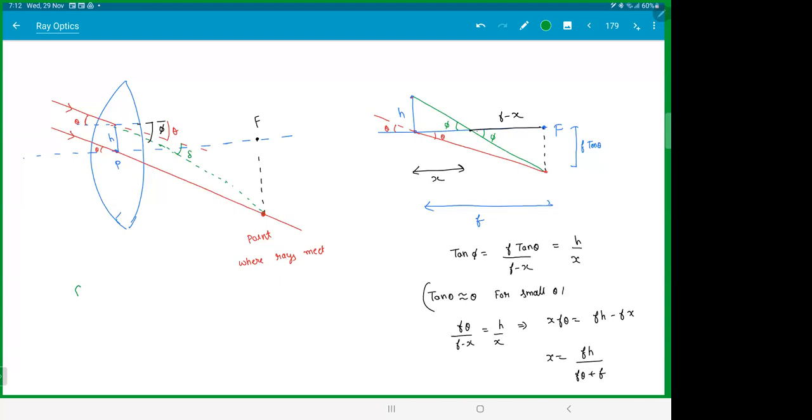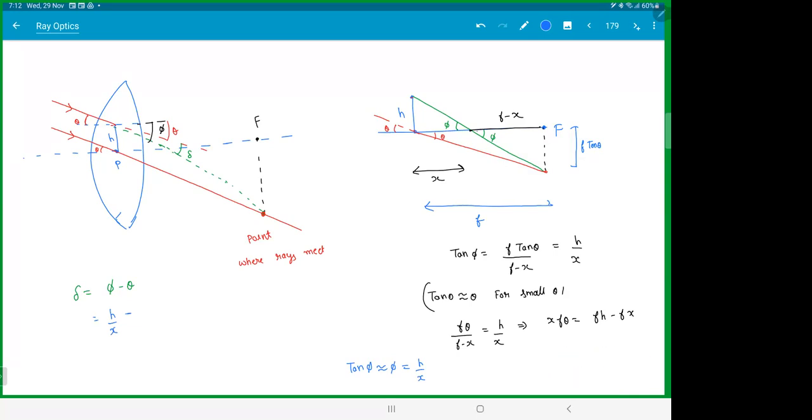So from here we get deviation delta is nothing but phi minus theta. This is messed up. So this is one result. And we also know tan phi is approximately phi, which is h by x. So phi is h by x.